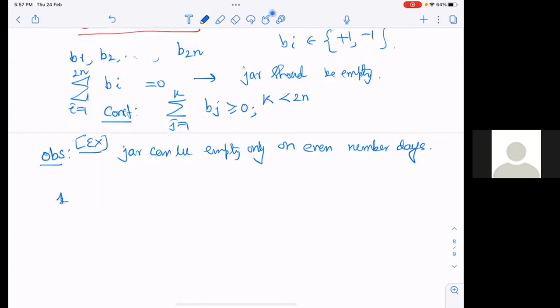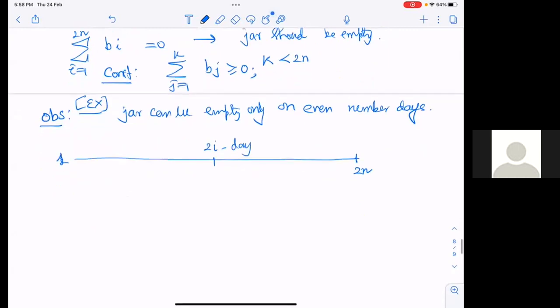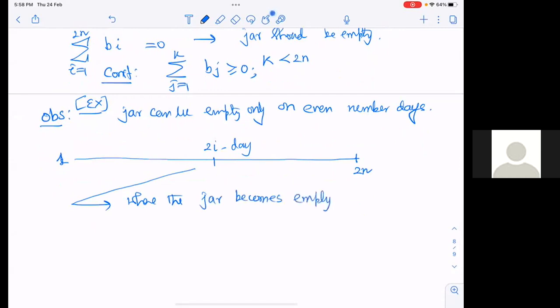This is day 1 and this is day 2n. Let's say 2i is some day in between where the jar becomes empty for the first time.